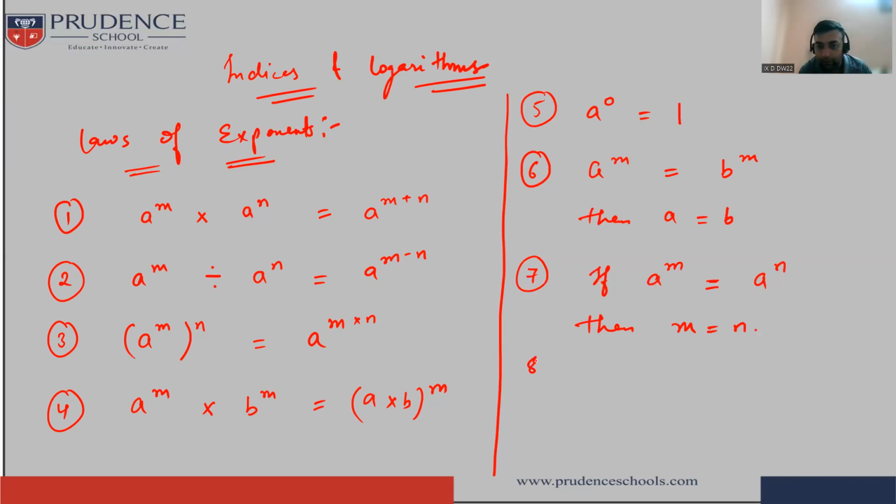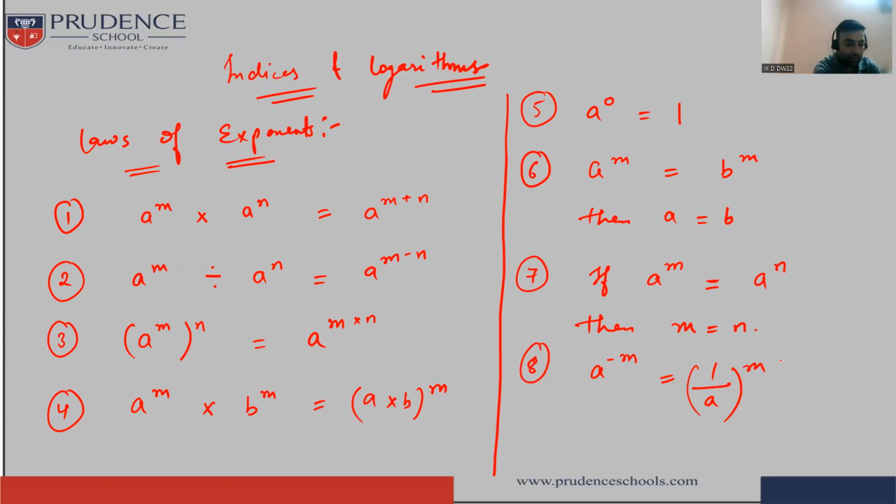And one more, a raised to power minus m will be equal to 1 upon a raised to power m, which means to make a negative power positive, we have to reciprocal the base, right? So these are all the laws of exponents, and based on these laws we have a few questions related to it.